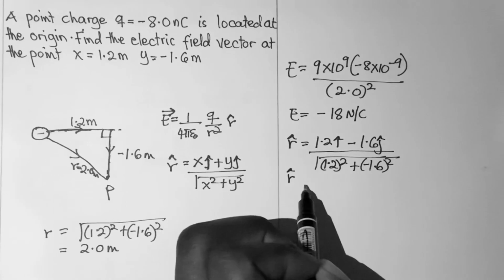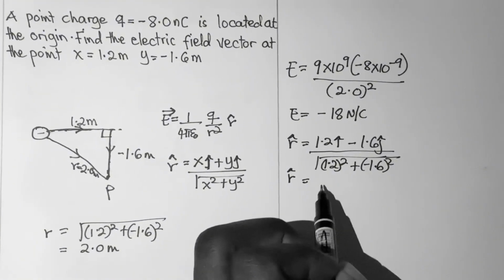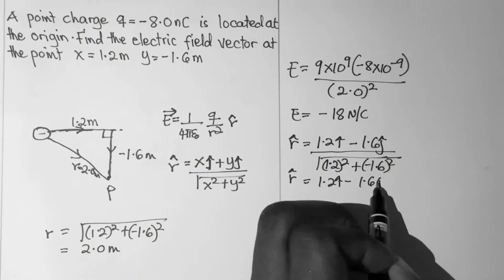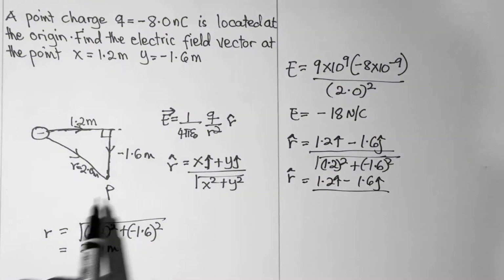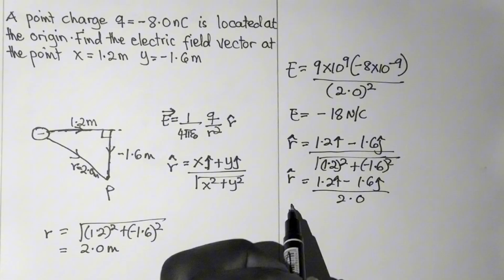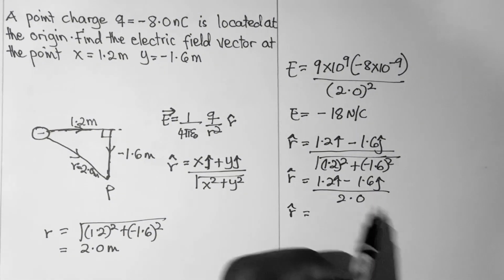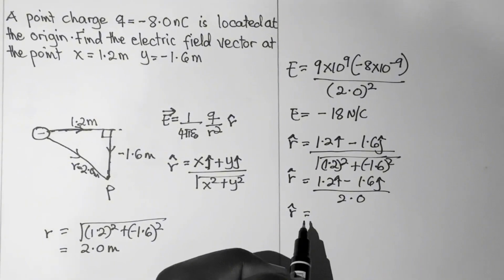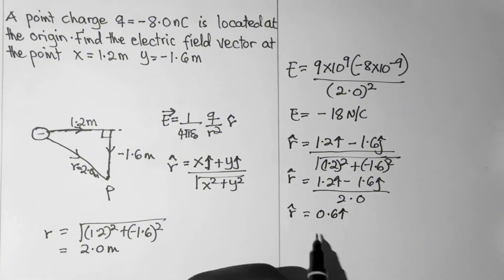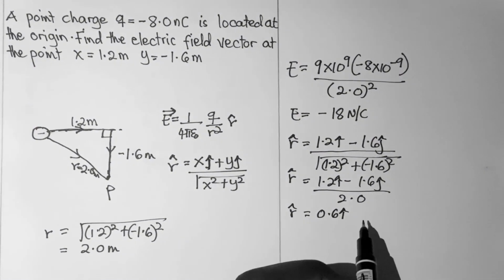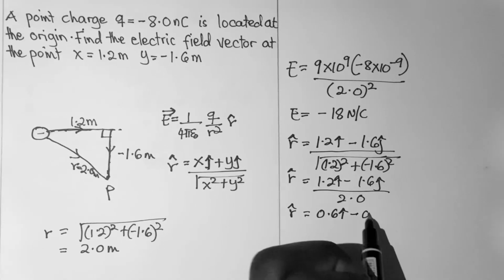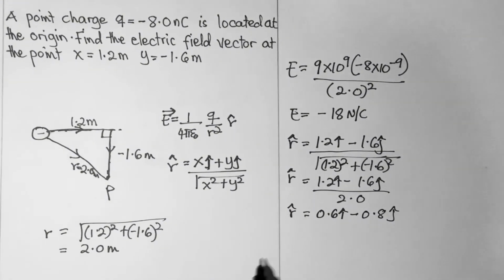So r hat is equal to 1.2 i minus 1.6 j divided by, as we did initially, 2.0. So r hat is equal to 1.2 divided by 2.0, which is 0.6. So here 0.6 i, then 1.6 divided by 2.0 is 0.8, so minus 0.8 j.